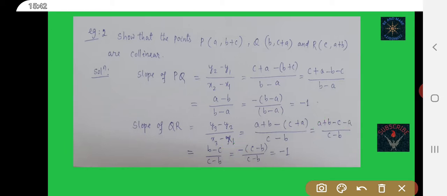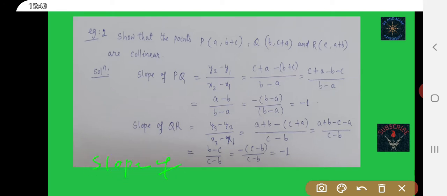Now you take common, you can write b minus c as minus (c minus b). So here you can cancel the two factors, c minus b, c minus b, then you get minus 1.